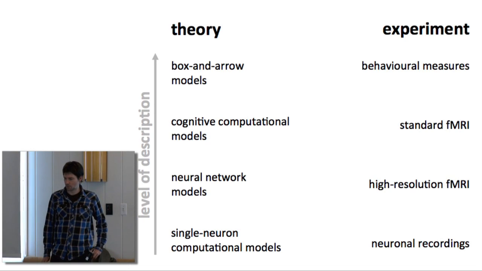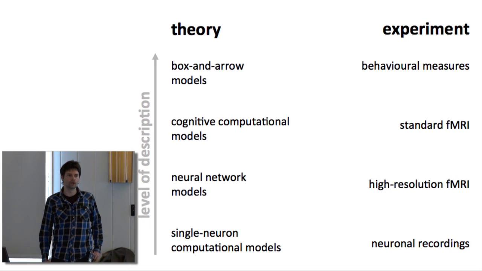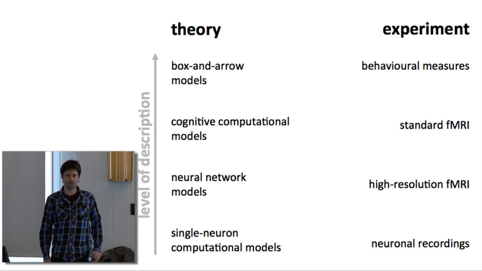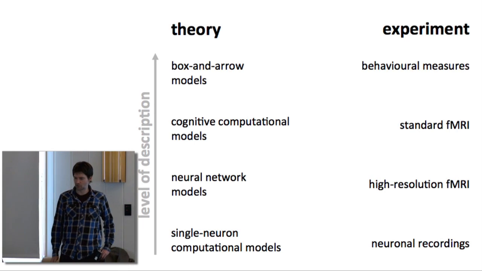Then we have cognitive computational models, which are not neuronal in that they don't have lots of units doing parallel processing, but they are fully explicit computational models. And then we have neural network models and single neuron computational models.